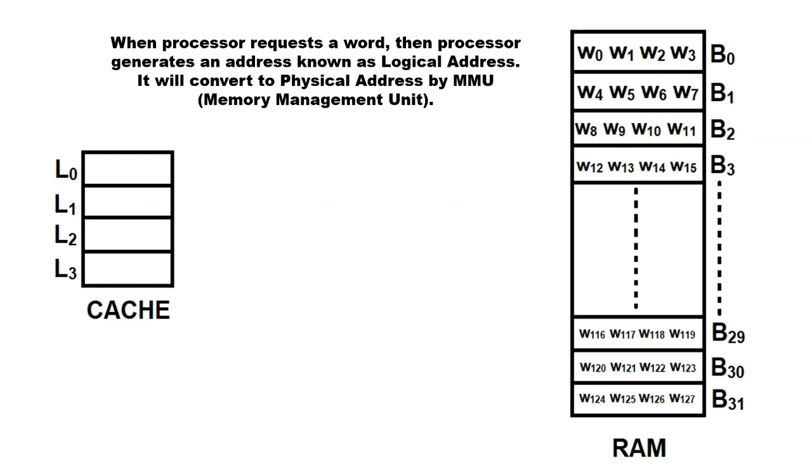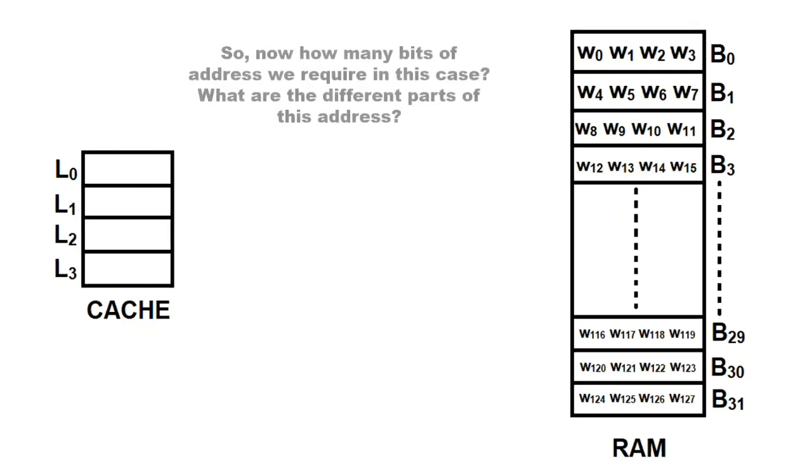So now the fact is, if the processor wants to access a word directly from the RAM, then what is the length of the physical address? In this case, according to this example, what is the length of the physical address and what are the different parts of it? So this is the question actually. How many bits of address do we require in this case?